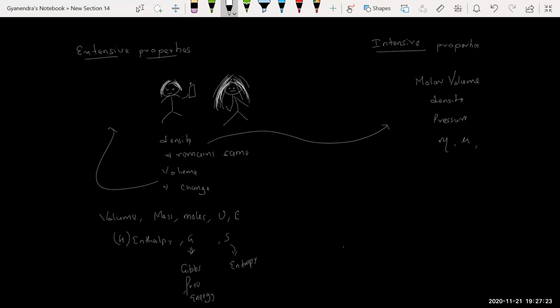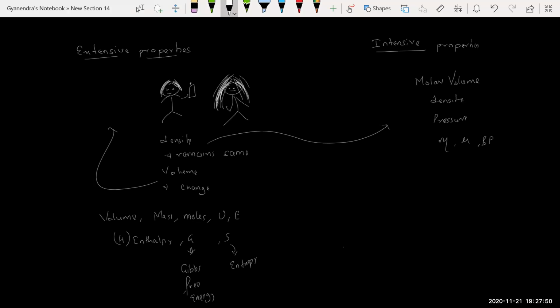Mu is the refractive index, I think, that you'll use in physics. All this, surface tension, refractive index, these are all the properties that we call intensive properties, Dinesh. Boiling point, melting point, majorly boiling point.